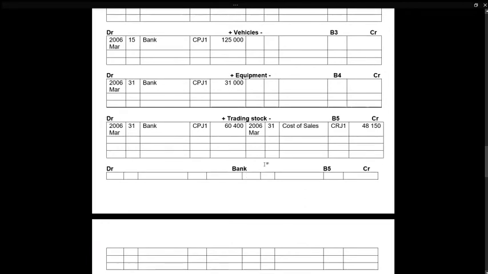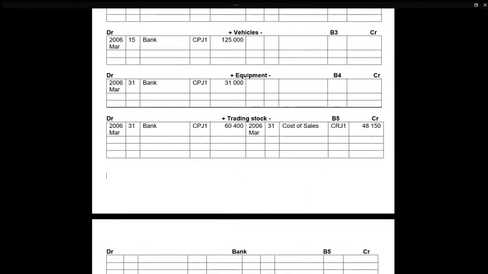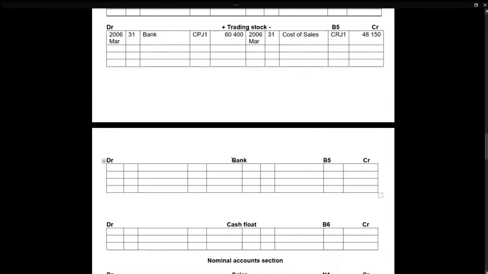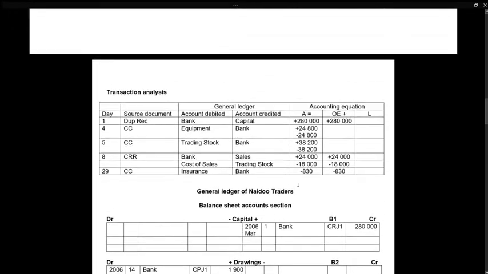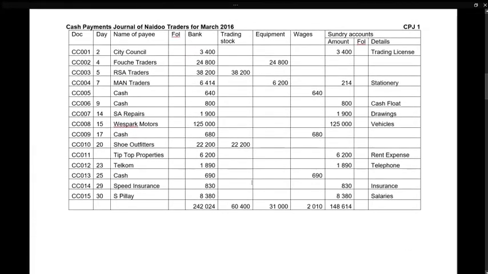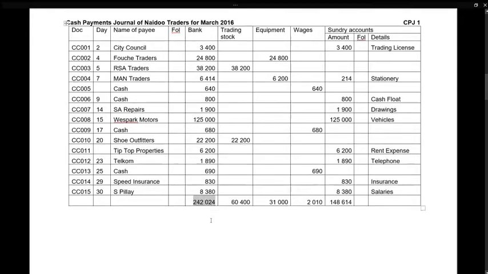Now let's do bank. Bank's going to work exactly the same. Remember, it's an asset, therefore the signs will be plus, minus. So it will increase in the debit side, decrease in the credit side. I received some money and I also spent some money. Bank. Cash payment journal, I spent 242,024 Rand.